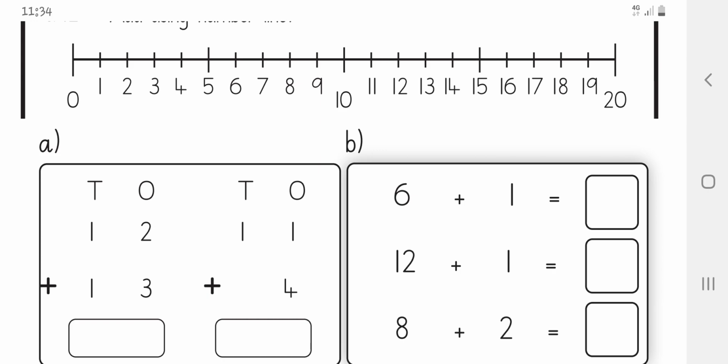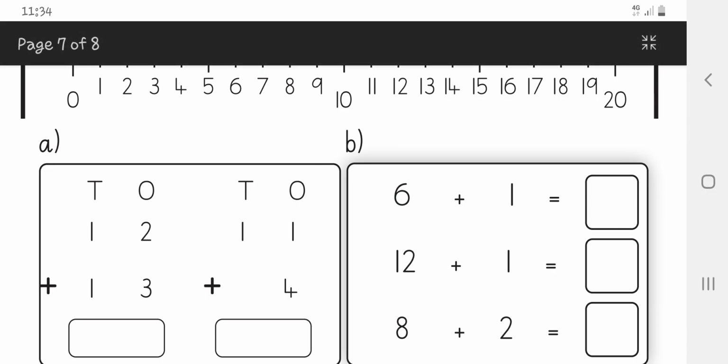And then after identifying 12, they have to identify again 13 on the number line, and then they have to add these up. So if they are going to add 2 and 3 first, they have to identify 2 on the number line, then they have to move 3 places up. So first they show 2 and then they move 3 places up, and then they will count 1, 2, 3, 4, 5, and then write 5 here.